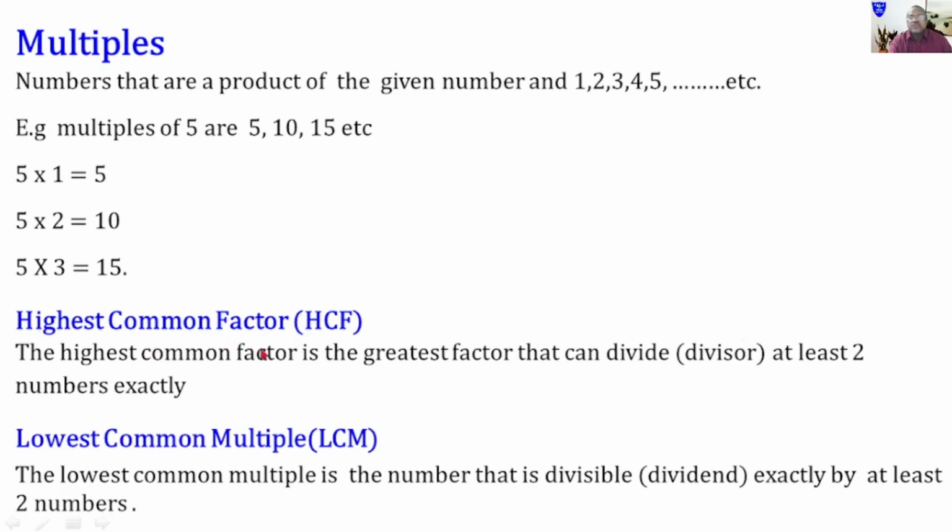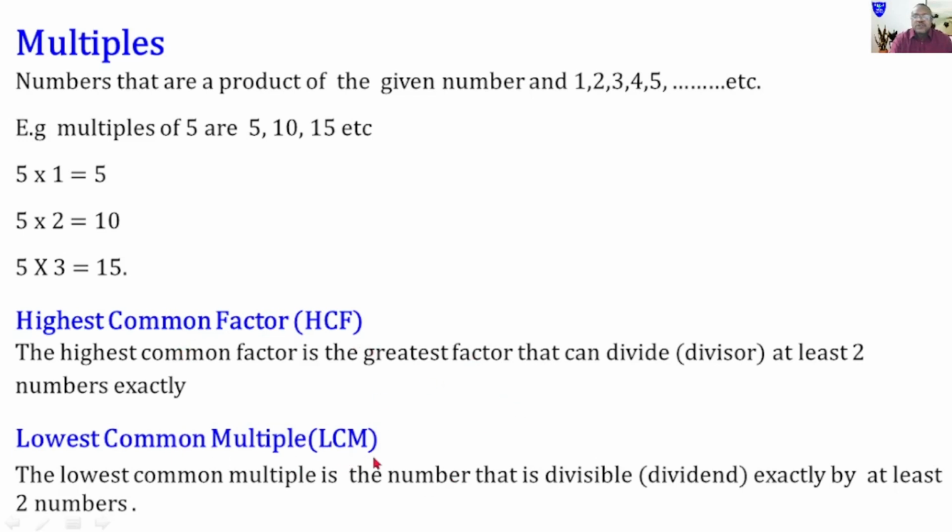So under highest common factor, guys, we are looking at a divisor. Okay? I'll explain in detail what a divisor means, but you should understand any number that can divide another number is known as a divisor. Okay? So here under HCF, we are looking for the greatest factor that can divide at least 2 numbers exactly.